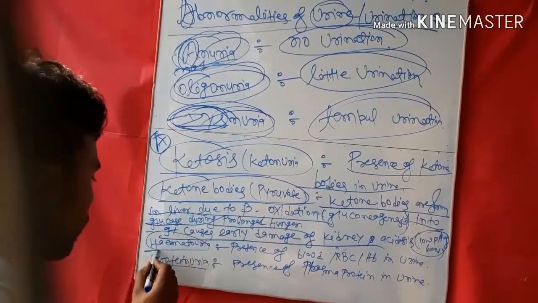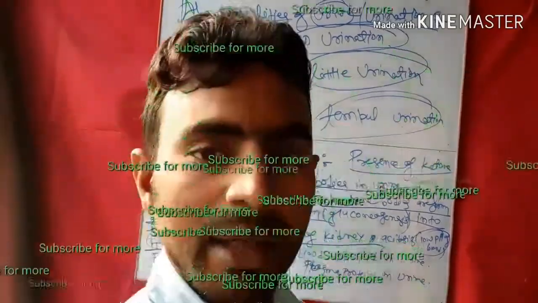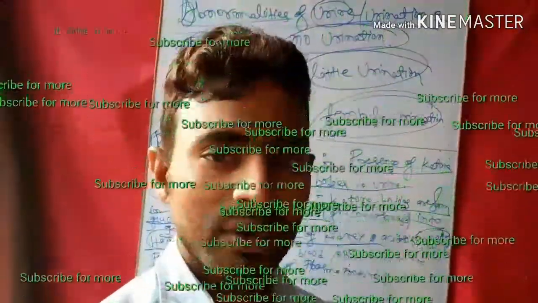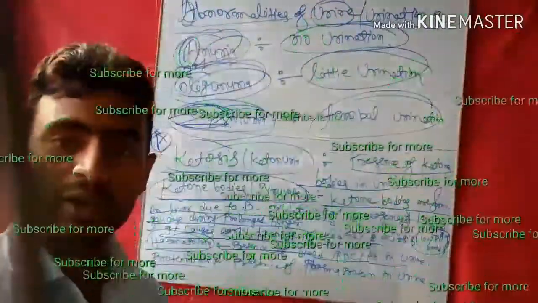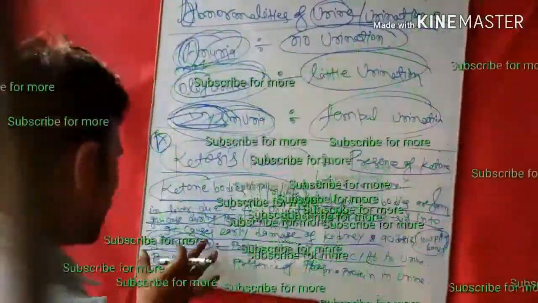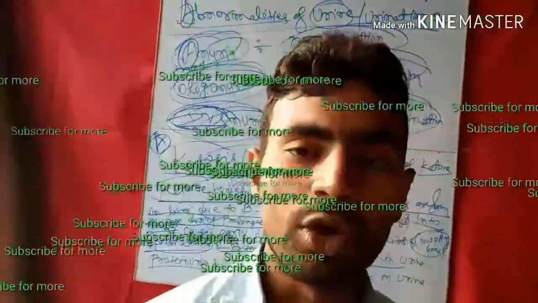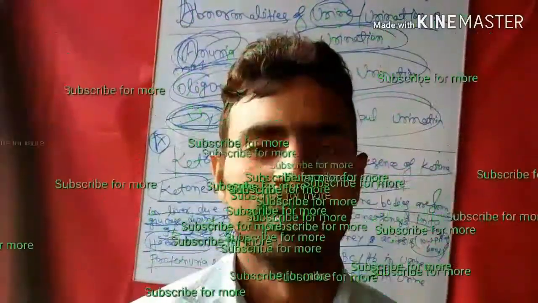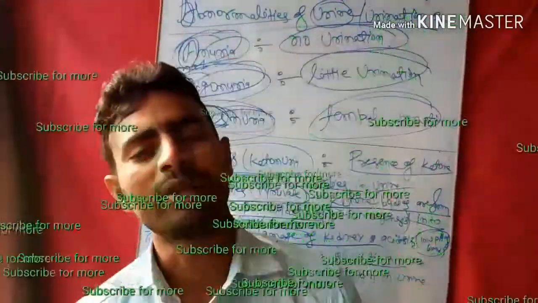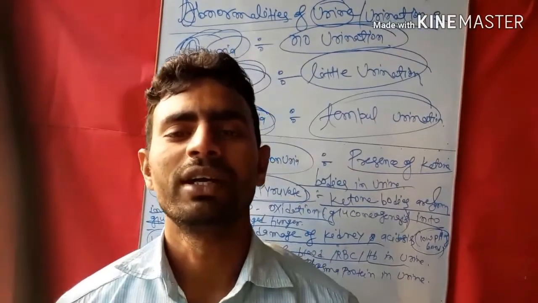Okay, next is hematuria. The presence of blood, RBC, hemoglobin in urine is called hematuria.